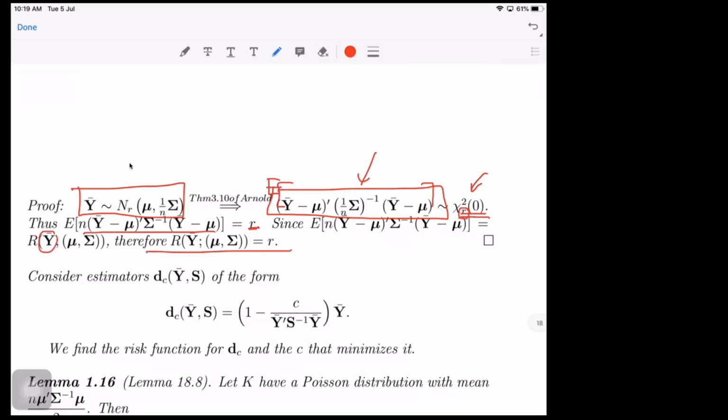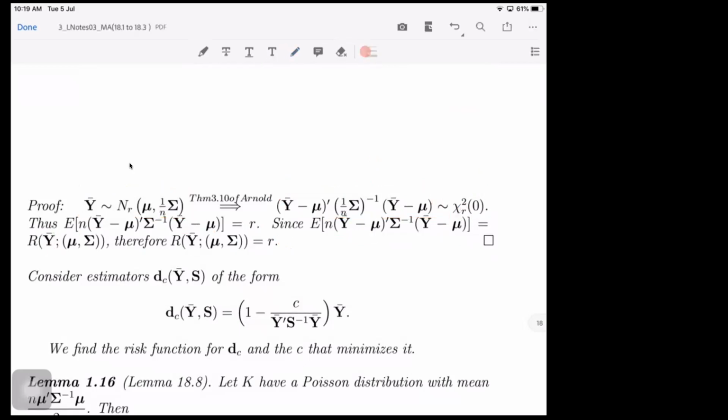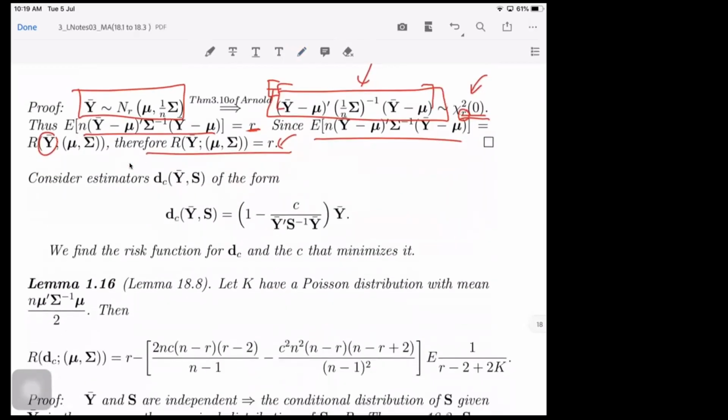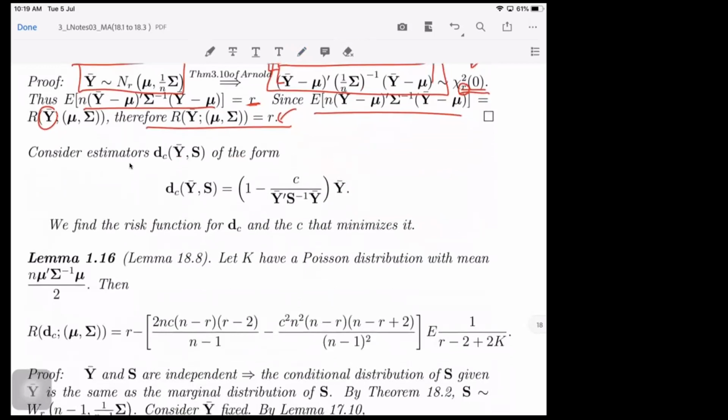So the risk associated when using y bar is R. So this is actually the expected loss function. So similar scenario except for notations, no? We use bold letters here to identify that we are now dealing with multivariate matrices.